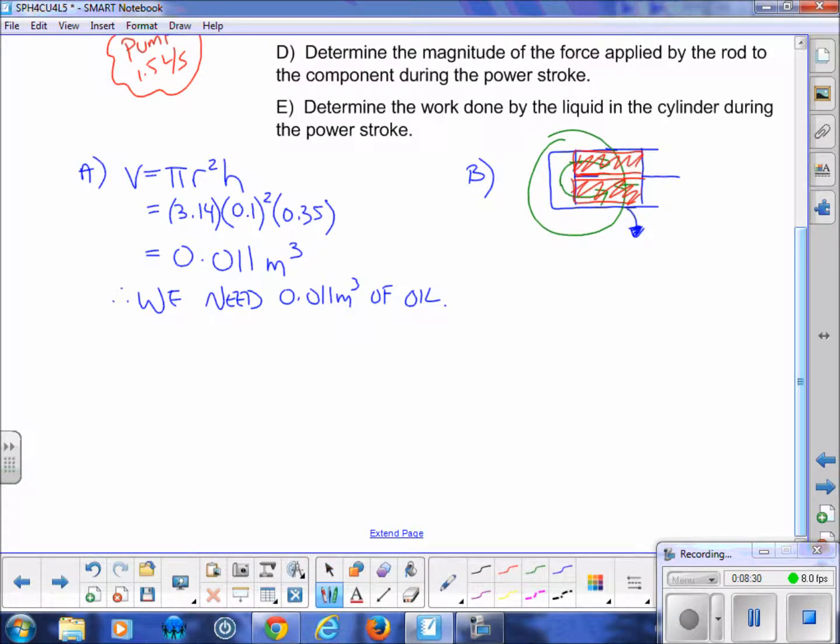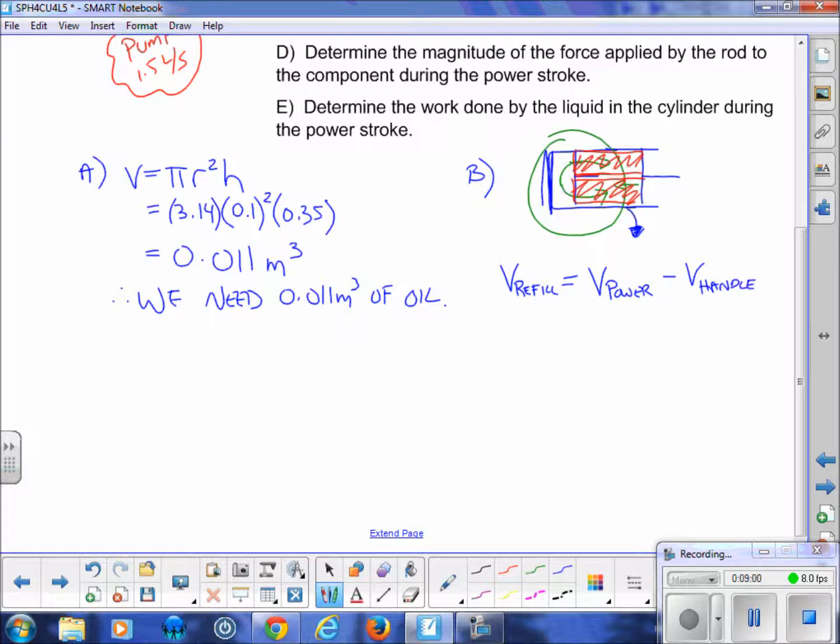So that means that you are going to have the volume of the cylinder, or I should say, all the oil that was used in the power stroke, because that piston is going to return right back to the bottom, all that oil is going to be shifted forward. So the volume in the refill stroke will be the volume from the power stroke minus the volume of the handle.